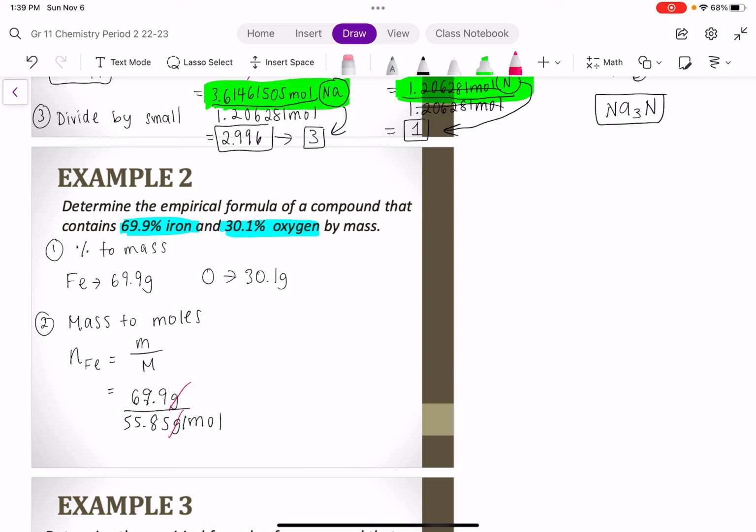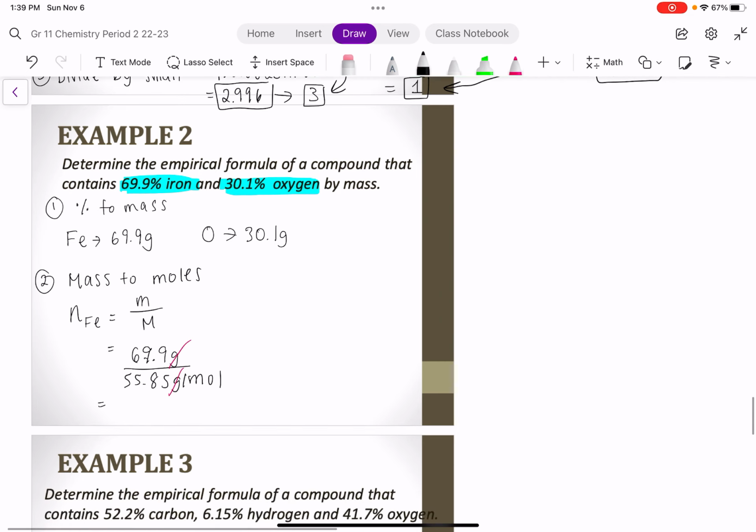My grams will cancel out, and this gives me a value of 1.251566 moles of iron.